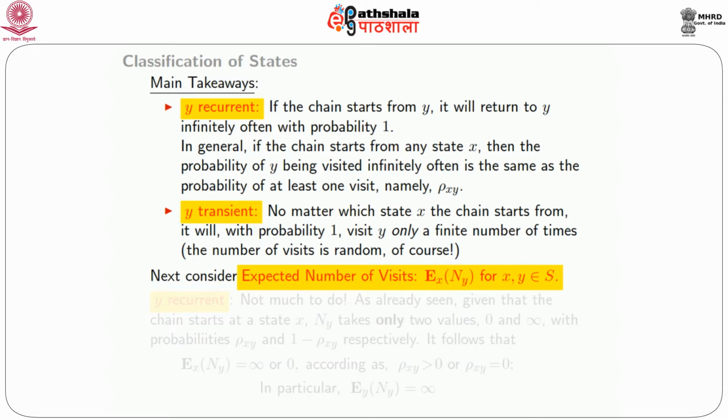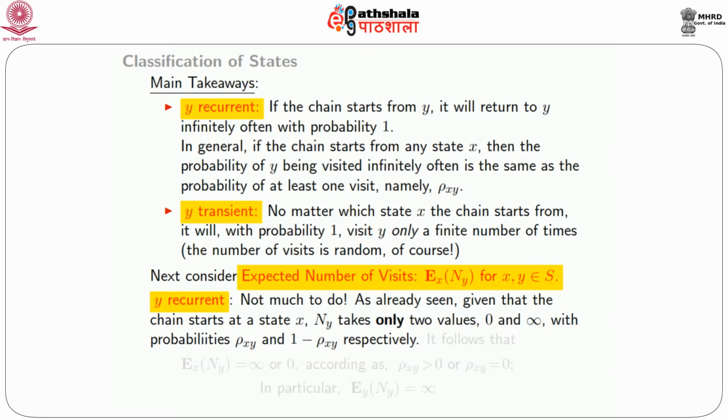We next move to another important quantity, which is the expected number of visits to a state y conditioned on the chain starting from a state x. So, E_x of N_y. Well, let's first look at y recurrent. Not much to do. Why? Because as already seen, given that the chain starts at any state x, N_y takes only two values, 0 and infinity. Because if y is recurrent, then no matter where you start, if you visit y even once, then you visit y an infinite number of times, or else you don't visit y at all.